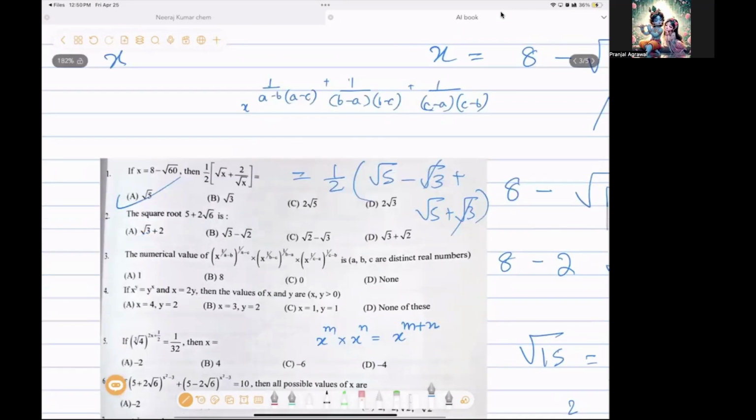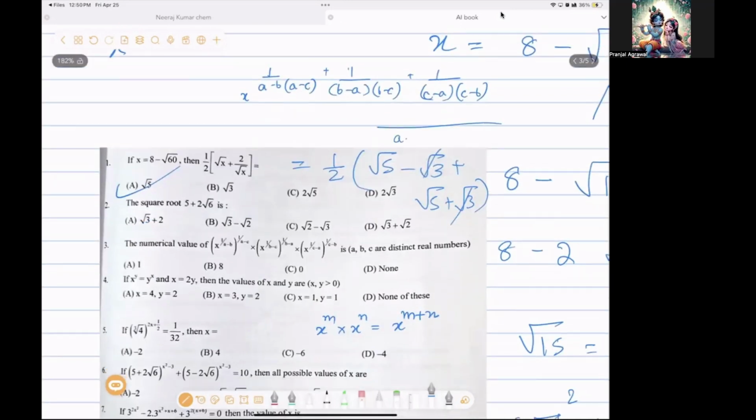If we take the LCM of a minus b, b minus c, c minus a, we'll get minus b plus c, here minus c plus a, and here minus a plus b. So everything gets cancelled away. So x to the power 0, and we get the answer as 1. So 1 will be the answer.